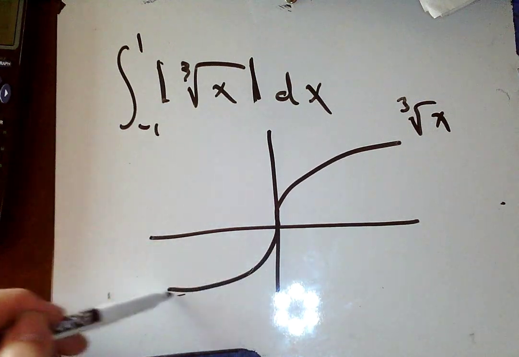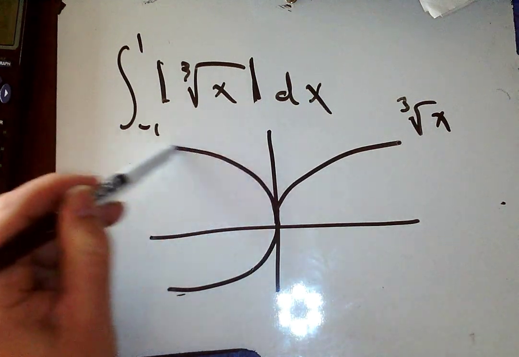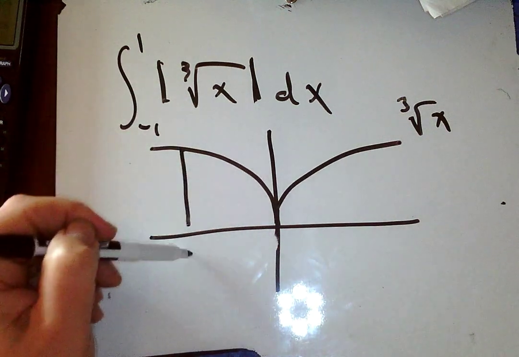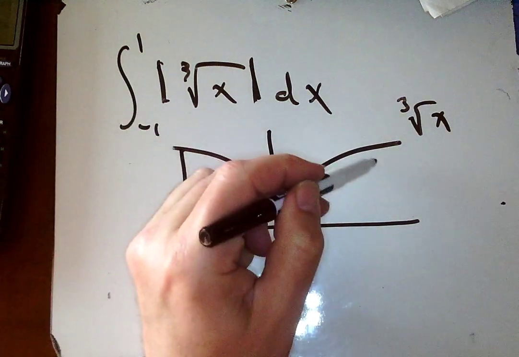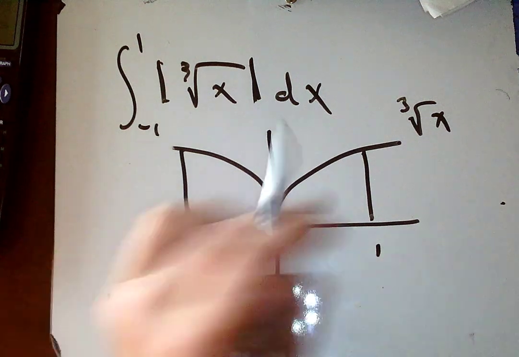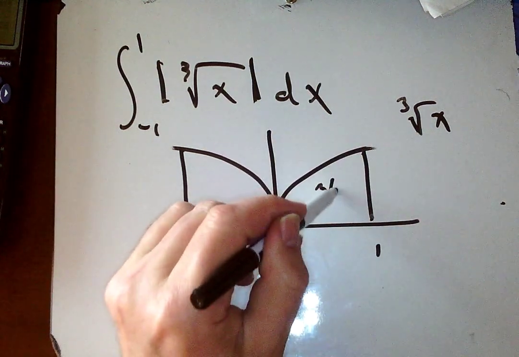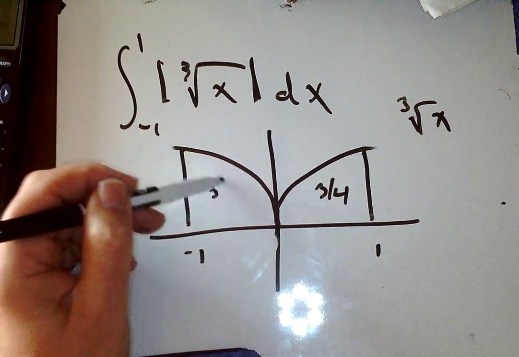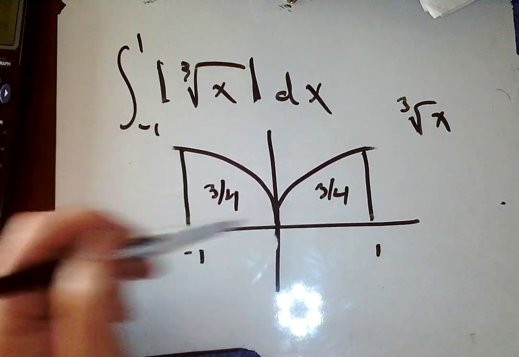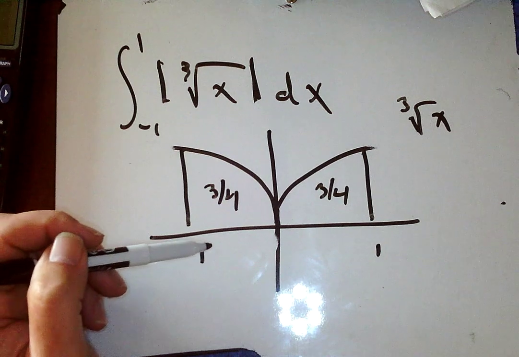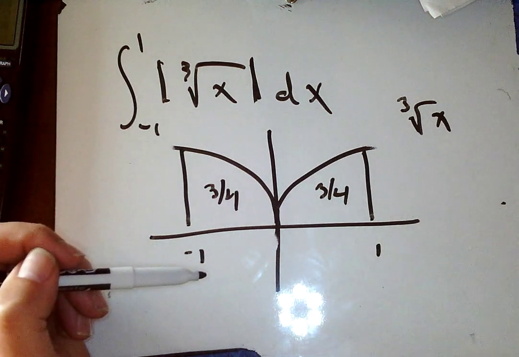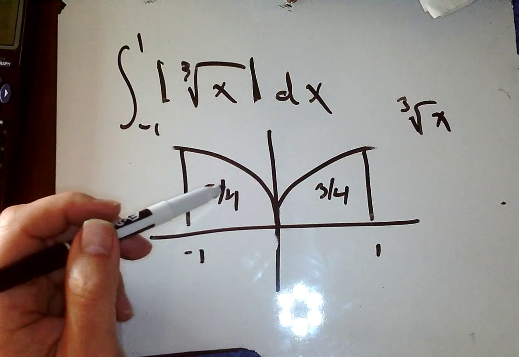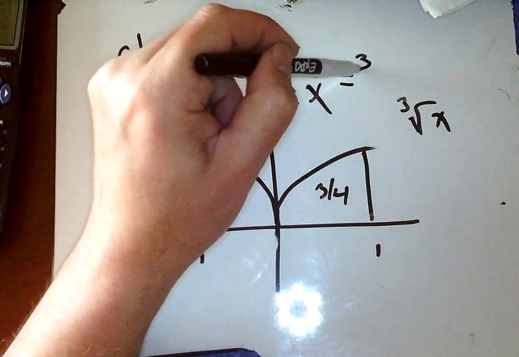That's right, it takes this whole part of the graph over here and turns it positive. And so now what we want to do is go from -1 all the way out to 1. Well, we know that this area is 3/4. Guess what? This is also 3/4. So 3/4 plus 3/4 is 6/4, not 6/8. Oh, don't say that. It's 6/4, and that reduces to 3/2.